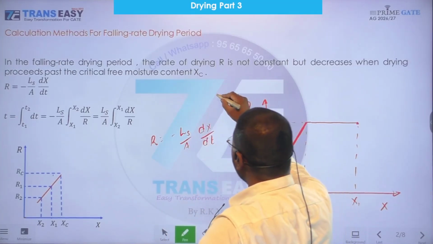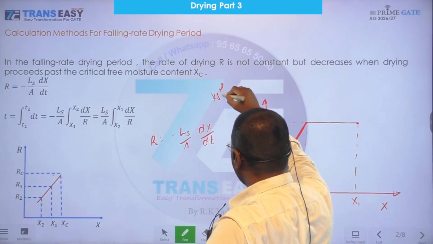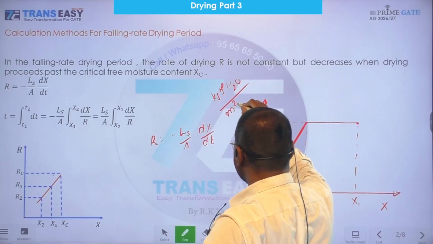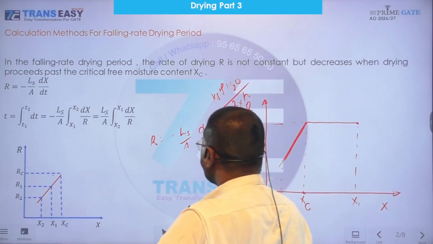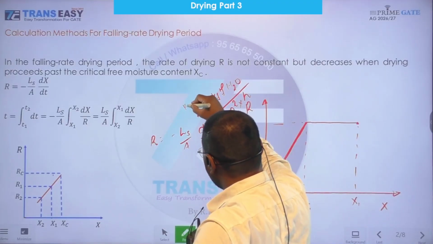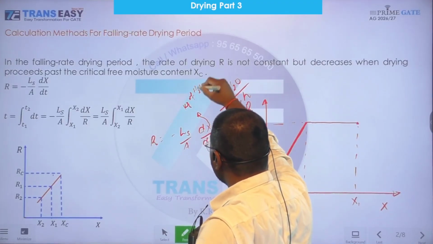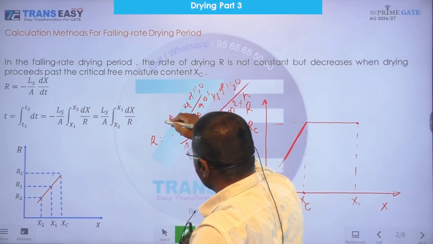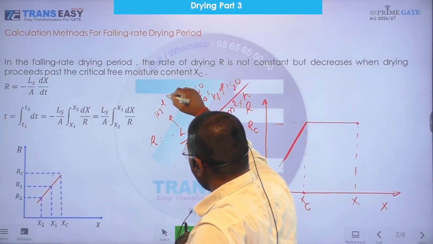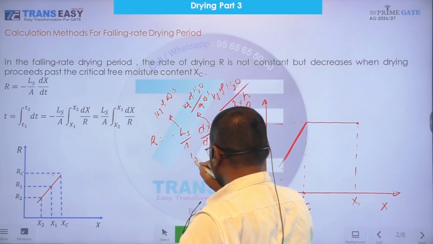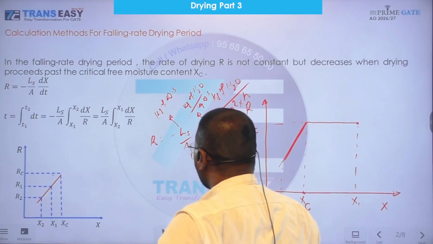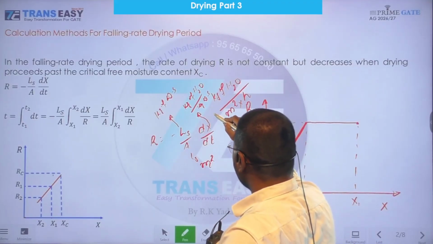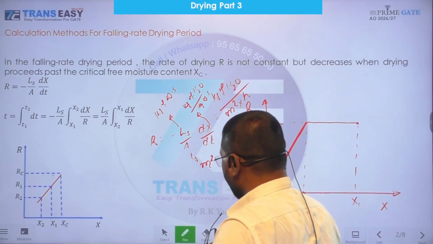Unit: kg of H2O per meter square drying surface area per hour. X is kg of H2O per kg dry solid. Ls is kg of dry solid. A is exposed surface area, right? So you will get this unit of rate of drying.